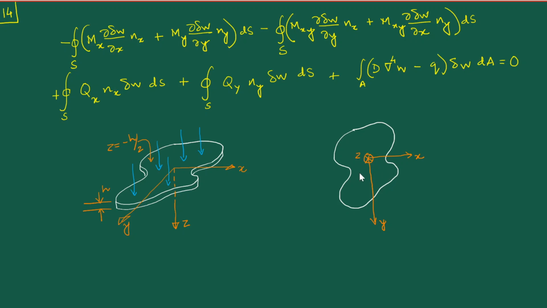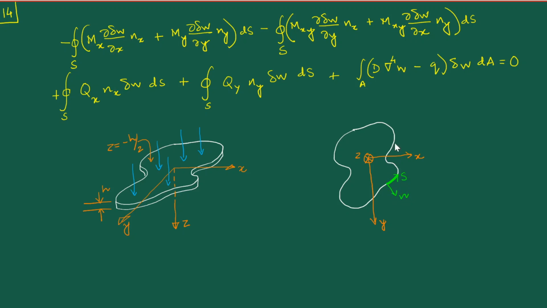Now what I really want to do here is to consider a coordinate system which will be body fitted like this. So I'll consider a coordinate system with s like this and n like this.